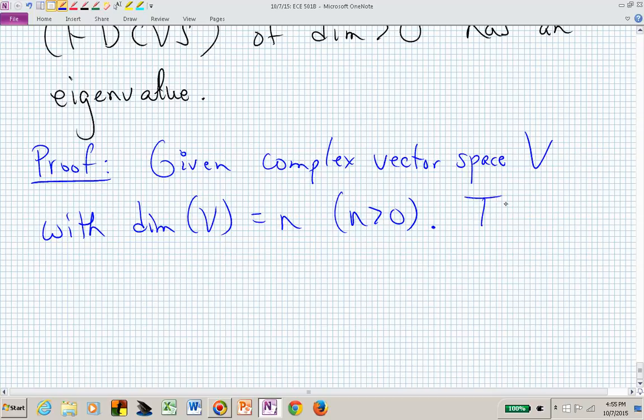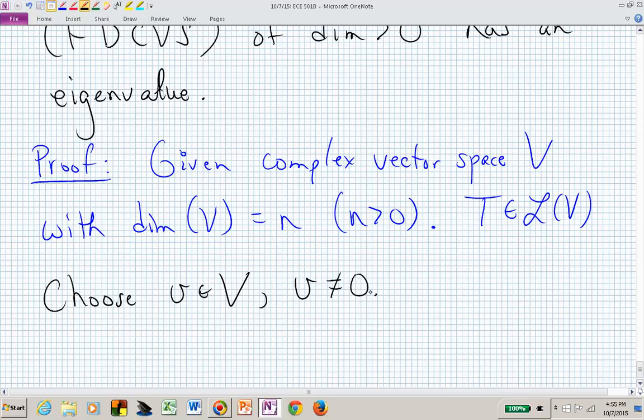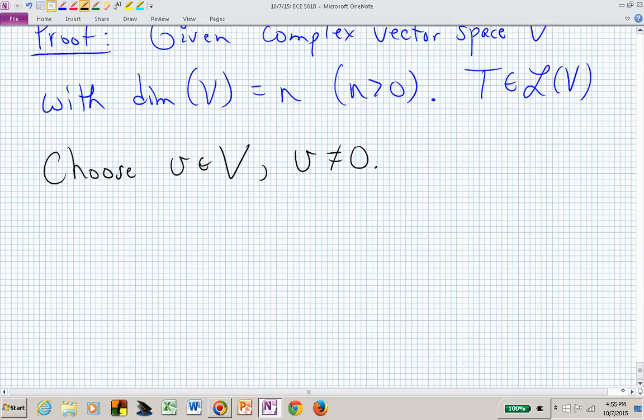Let's identify an operator and call that T. Now let's choose a vector v in V, where v is not the zero vector. We're just choosing an arbitrary vector in our complex vector space other than the zero vector.